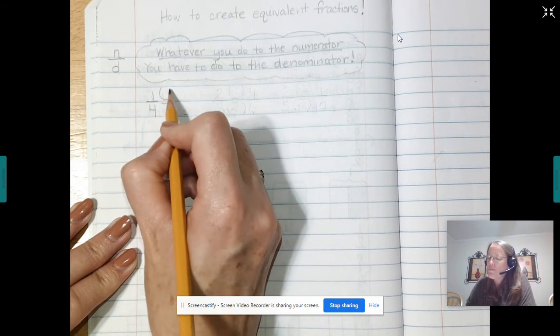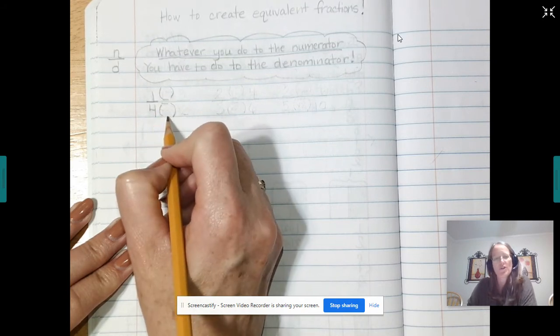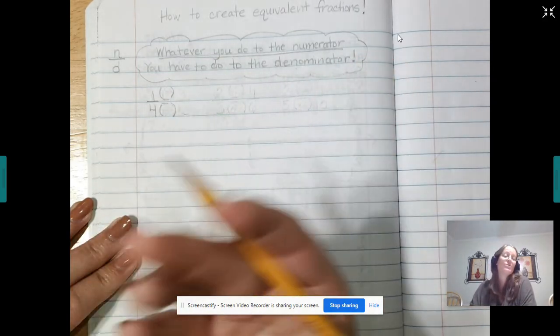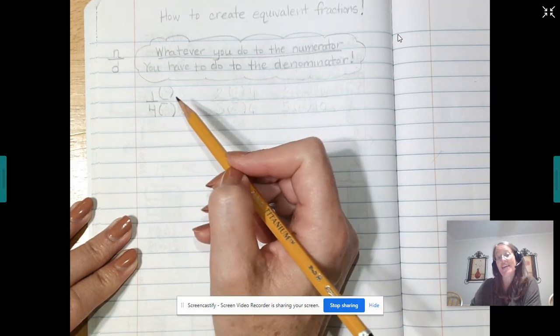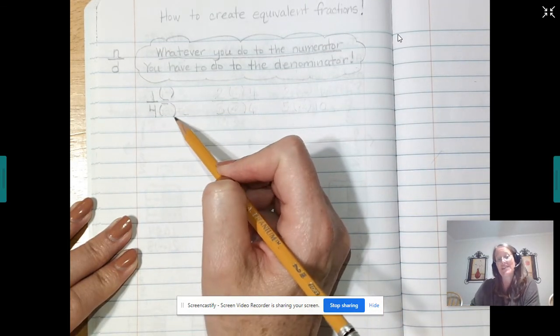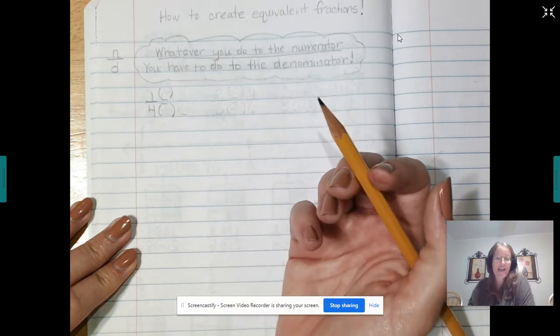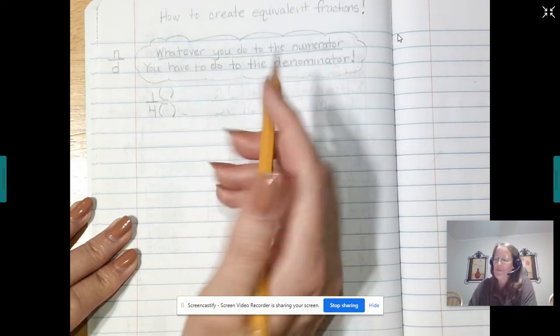I am going to multiply the numerator and the denominator by the same number to create an equivalent fraction. I could also divide the numerator and the denominator by the same number, and it will also create an equivalent fraction.